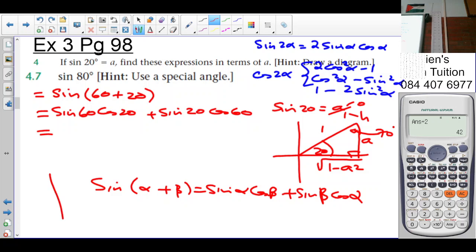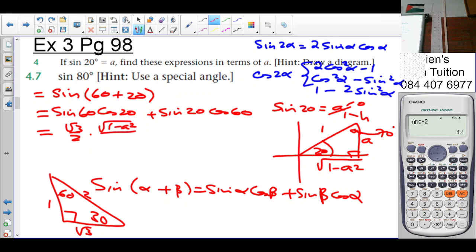So for the 60-degree triangle, it's 30, 1, 2, root 3. Sine of 60 is root 3 over 2 times cos of 20. Cos of 20 is going to be the square root of 1 minus a squared over 1. Plus sine 20 is a over 1. Cos of 60 is half.